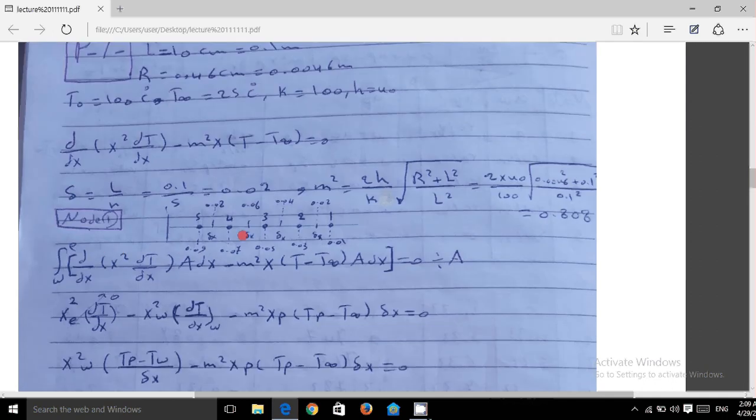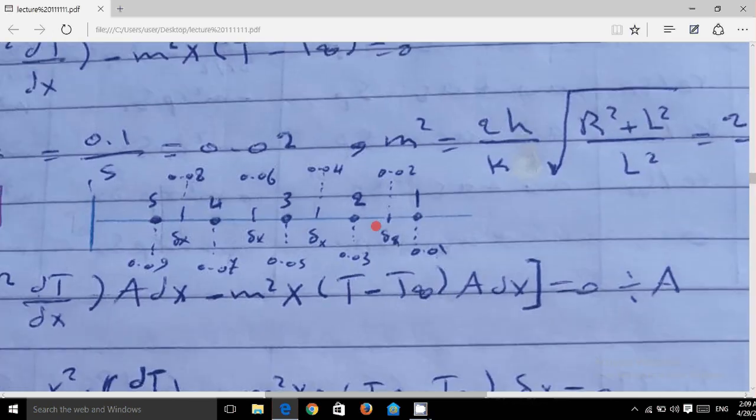When we see the bar, we want to find a_W, a_E for nodes 2, 3, and 4. For node 2 at east, we write (T_E minus T_P) over delta x, and (T_P minus T_W) over delta x.